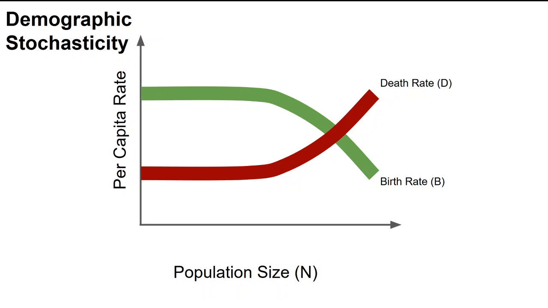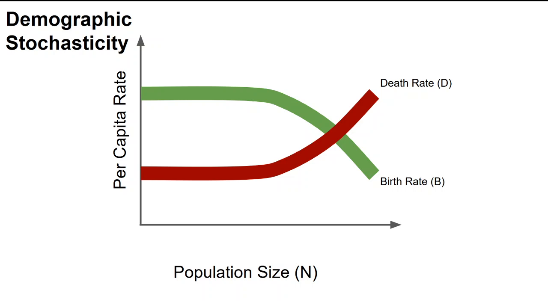It's also important to note that these can be regions. So the birth rate at a small population size might vary. And that might be due to demographic stochasticity, because individuals simply weren't successful in that year at finding mates.